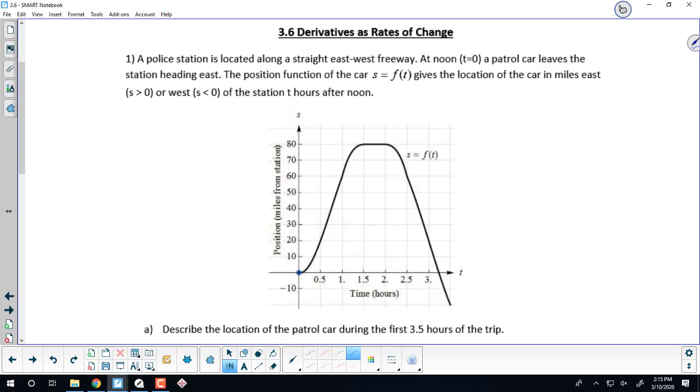So like this statement here, the location of the car is in miles east or west of the station. For example, just to get a sense of it, if s of some input time is equal to 10, then what that actually means is the position is 10 miles east of the station.